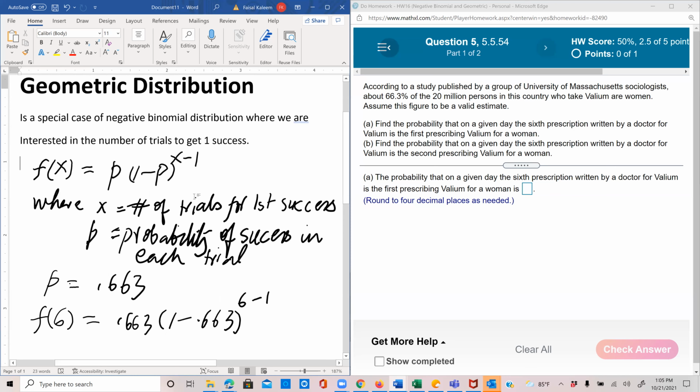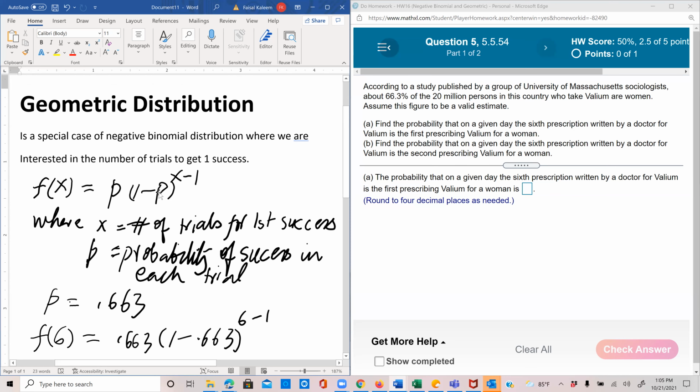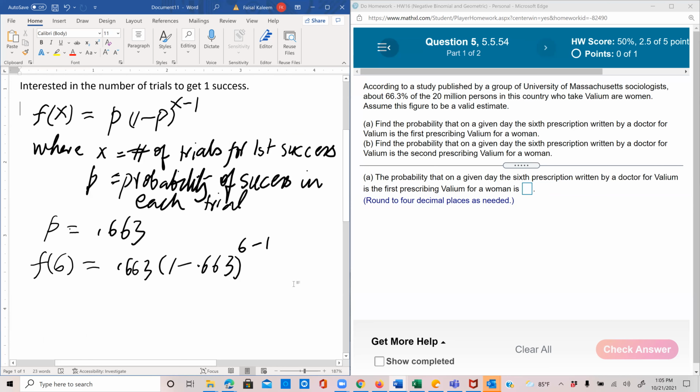We should just mention that if this is the PMF, then x is said to have geometric distribution. And we get 0.663 times 0.337 power 5. That's 0.0029.